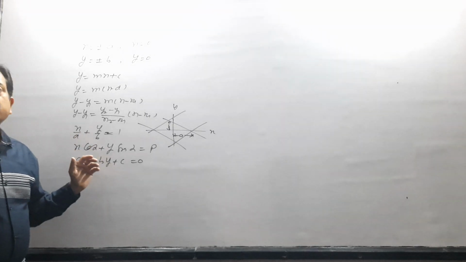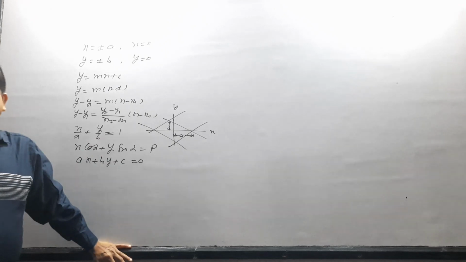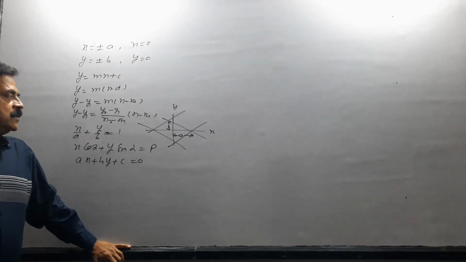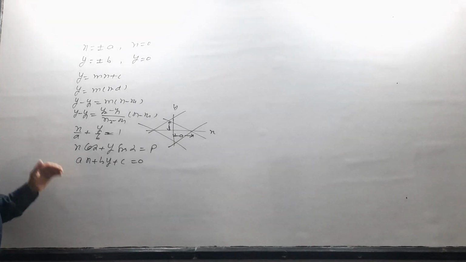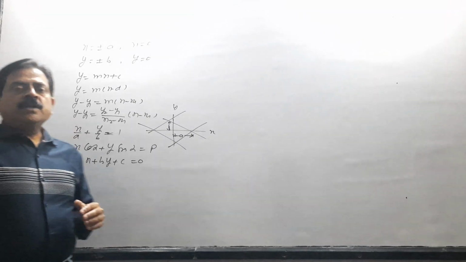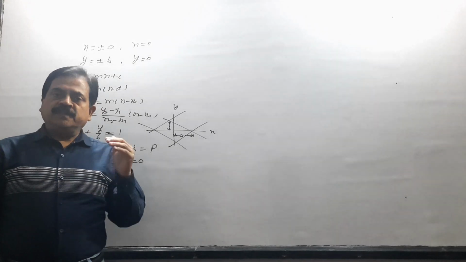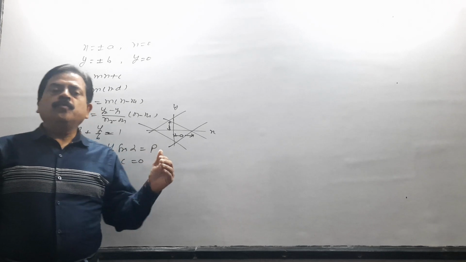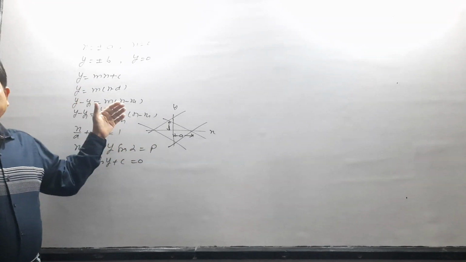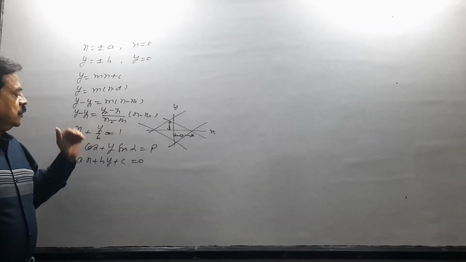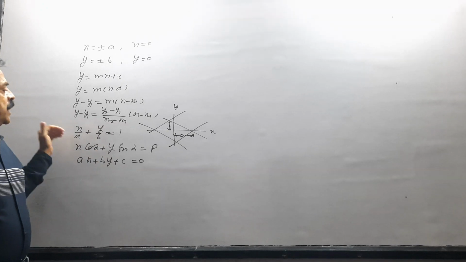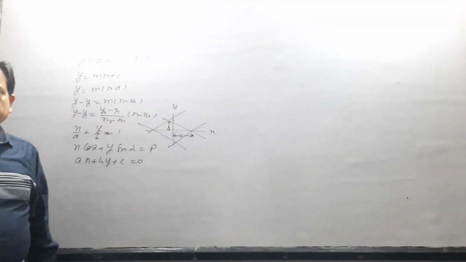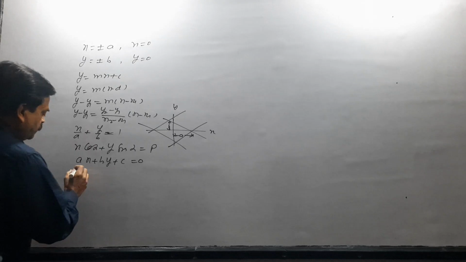All equations are linear in one variable or in two variables. And now we will discuss the transformation of the general form into slope intercept form, into normal form and into intercept form.